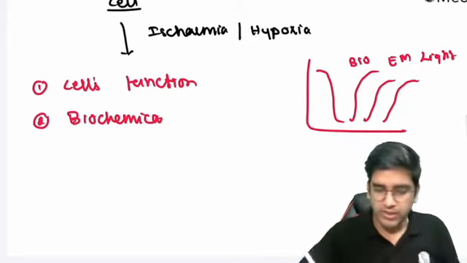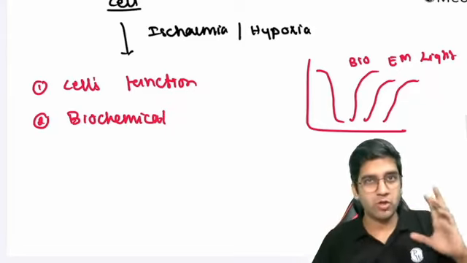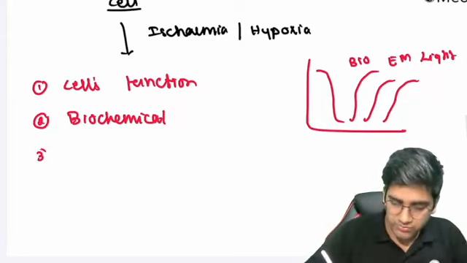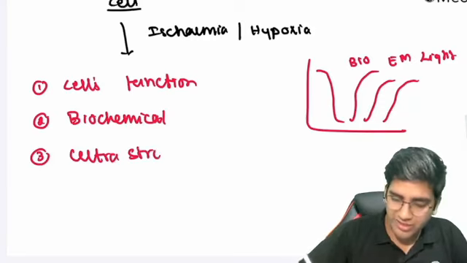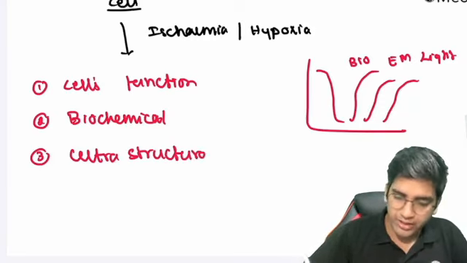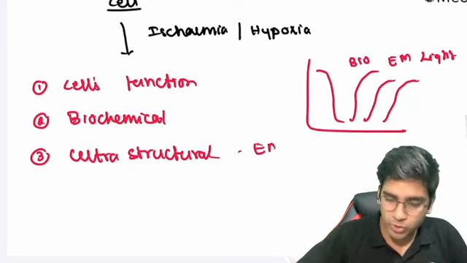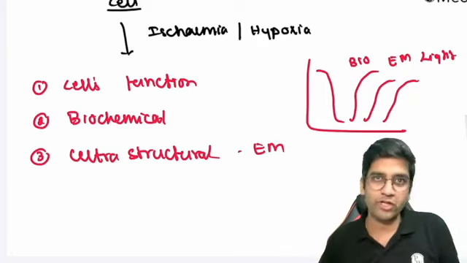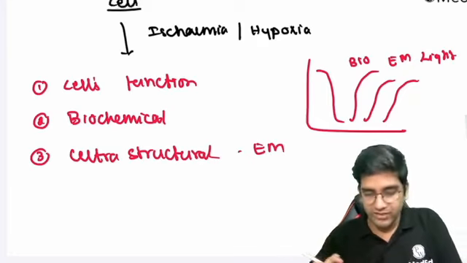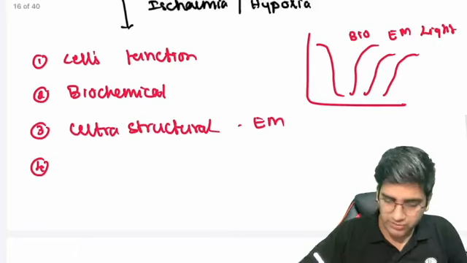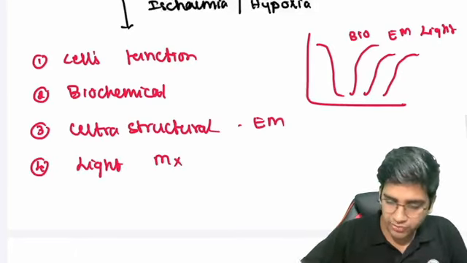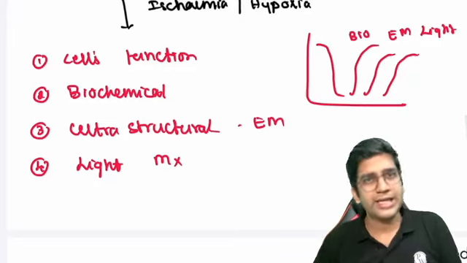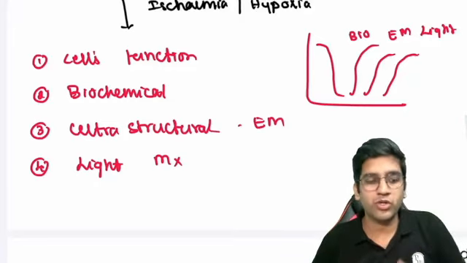It's a sequence, right? The first is biochemical change. After that, the change comes in your ultrastructure. Wherever Robbins talks about ultrastructural changes, I'm talking about electron microscopy changes. I'll use the term EM for electron microscopy, right? After that only your light microscopy changes come. Light microscopy, I will write LM going forward, fine. Light microscopy is a simple microscopy, what you see in the lab.